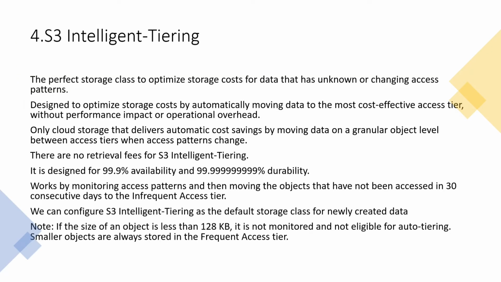Now let's see what S3 Intelligent-Tiering offers among the S3 storage classes. This is the perfect storage class to optimize our storage costs when we keep data that has an unknown or changing access pattern. Sometimes we need the data very frequently, and sometimes it is not needed and can be stored for a longer duration.